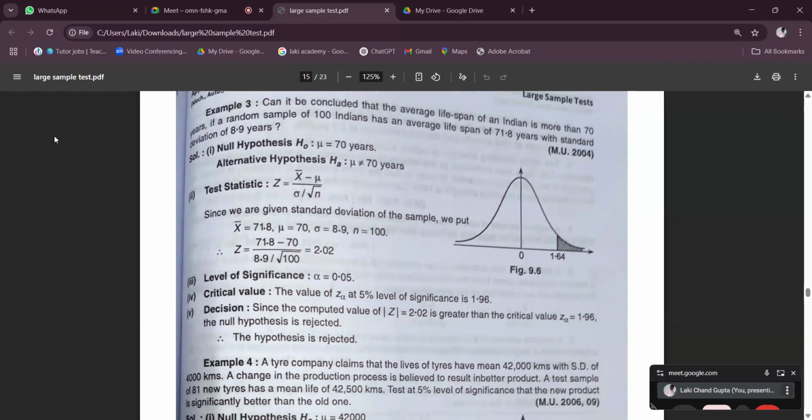So what is X bar? Yes, because this is the mean for 100 samples, and this is the average. Average is the mean. Now calculate.